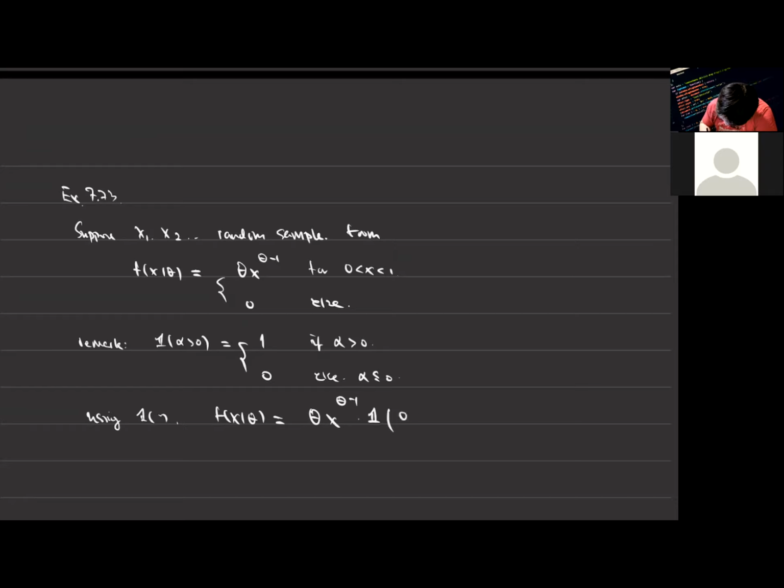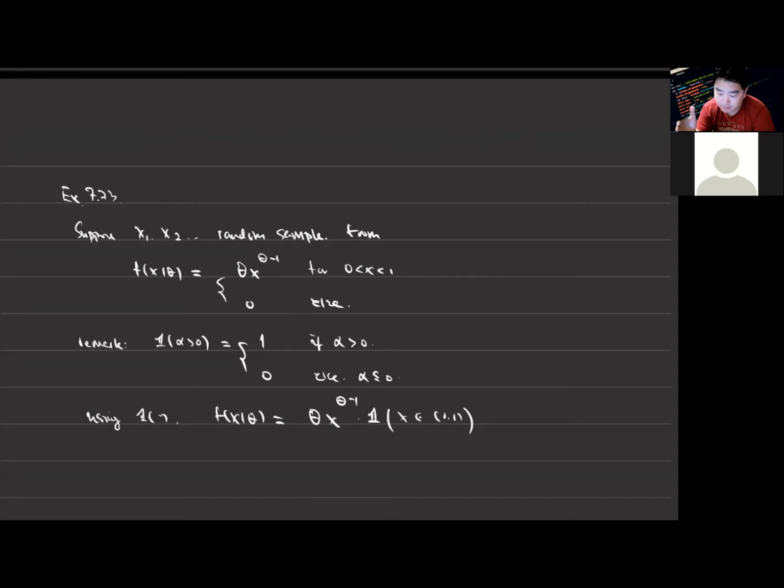You can essentially say something like this. Or you can write a set here. I've seen some notations like that, or you can write x in that if you want. Some people write it like this: x is in (0, 1). They're essentially referring to the same story. So if x falls into that range, 0 to 1, then we have theta x^(theta minus 1).